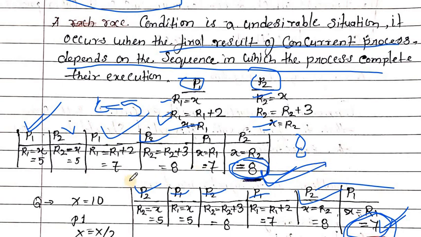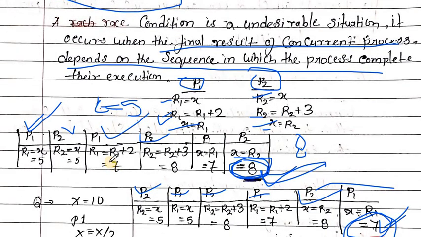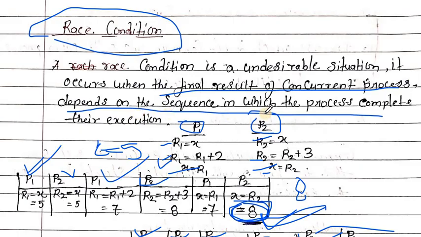Because if we don't specify in which sequence the processes will execute, the resulting outcomes will vary. So this is a race condition, where the sequence of process execution is necessary to get the expected result. Otherwise the result will come out random.